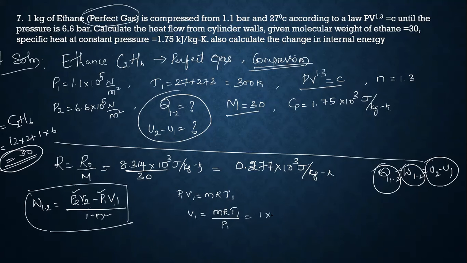M is 1 kg, R is 0.277 into 10 to the power of 3, T1 is 300 Kelvin, and P1 is 1.1 into 10 to the power of 5, and V1 is 0.755 meters cubed. Next, P2 is calculated with the help of the polytropic process, that is PV to the power of 1.3 is equal to constant.